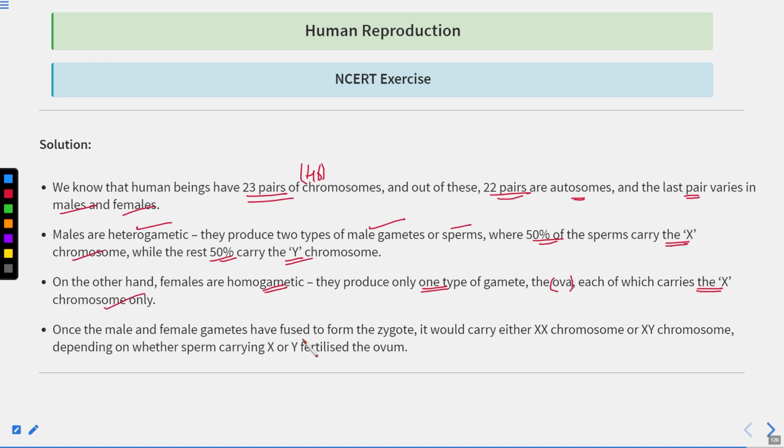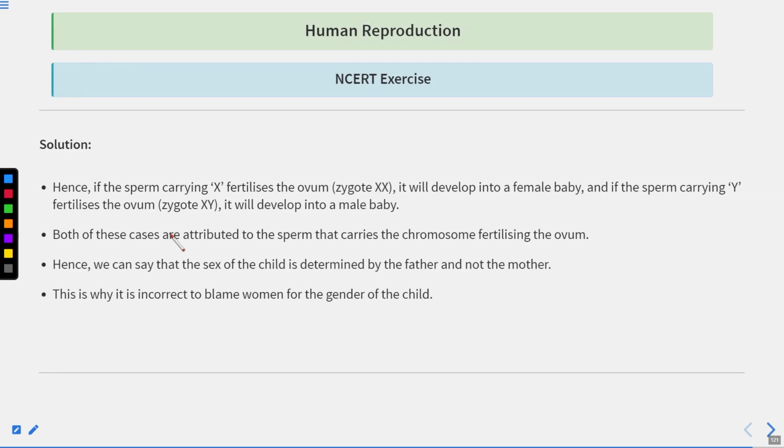Once the male and female gametes fuse to form the zygote, it will carry either the XX or XY chromosomes, depending on whether the sperm carrying the X or the Y fertilizes the ovum. Clear? Now, what happens if the sperm carrying the X chromosome fuses with the ovum? The ovum also contains the X chromosome, so the zygote that forms will contain both X chromosomes. This will develop into a female baby.